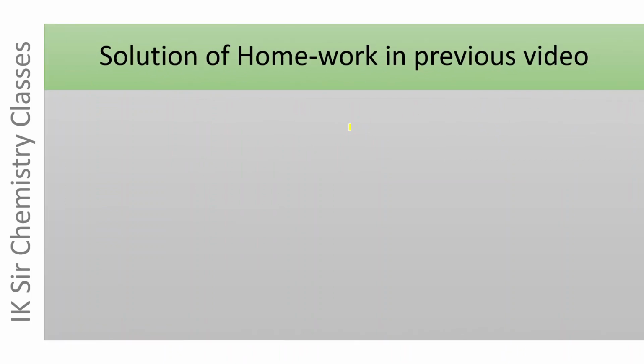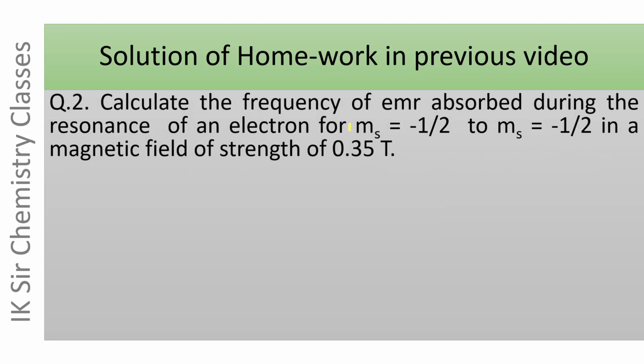There was another problem for homework in the previous video, and it is: calculate the frequency of EMR absorbed during resonance of an electron from ms equals minus half to ms equals plus half in a magnetic field strength of 0.35 Tesla.